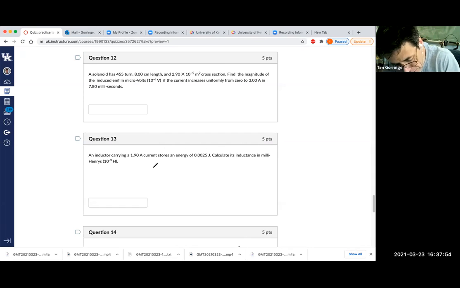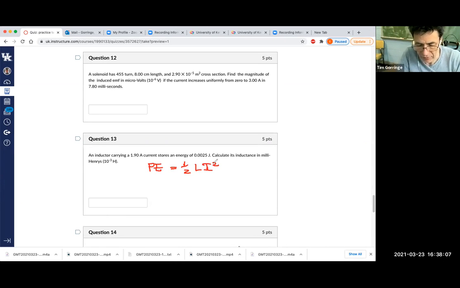This is a question about the relationship between the potential energy in an inductor and the current that's flowing in the inductor. And this is that relationship. The potential energy is half the inductance times the square of the current. Now, in this particular problem, we want to find the inductance, knowing the current and the stored energy.